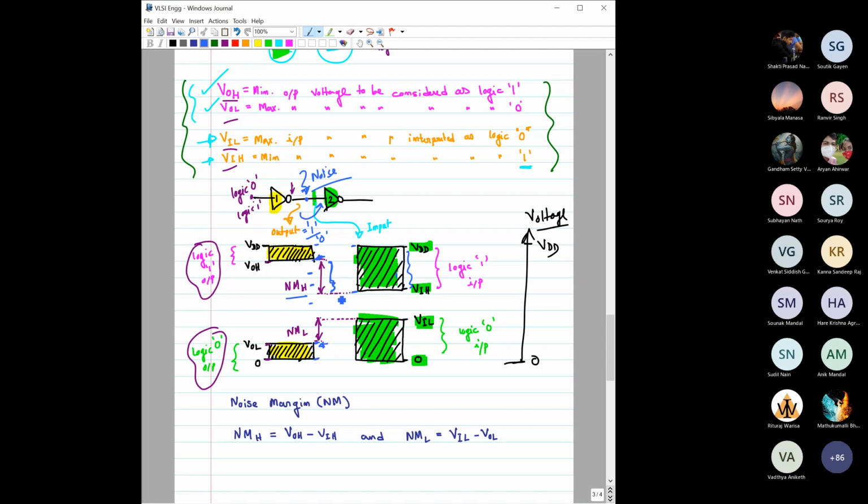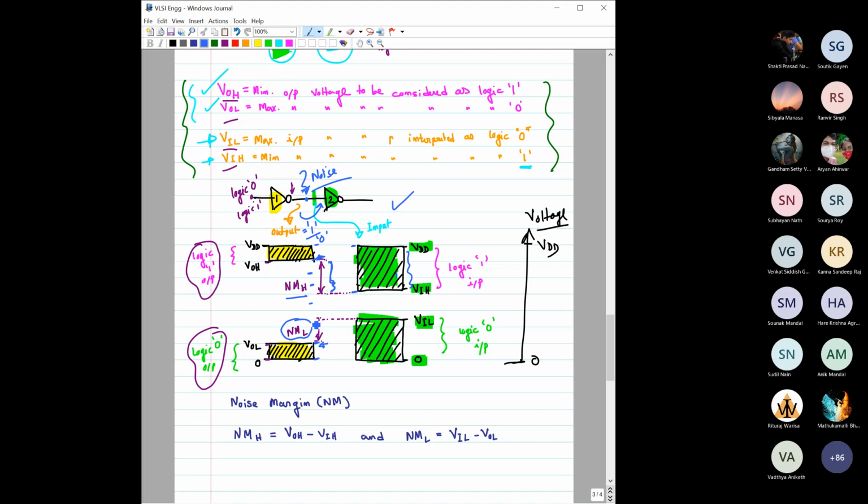We still have this much room by which noise can change this voltage level, and it can still be treated as logic 0 by the next gate. So this is the margin by which noise can perturb the signal, but still not disturb the operation of these two gates.